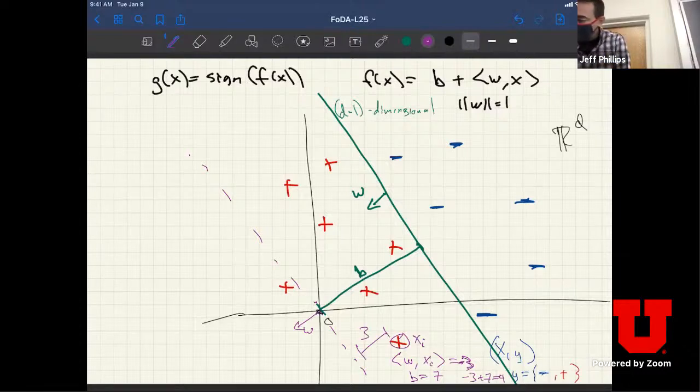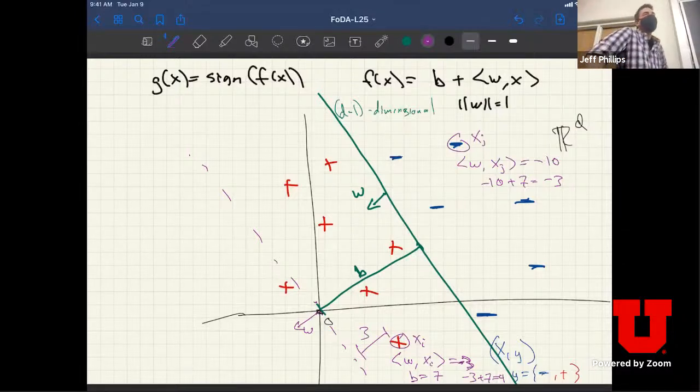But if I look at a different point up here, call this guy Xj, W dot Xj might be minus 10, and so minus 10 plus 7 is equal to minus 3, so the sign here is still negative. It's the geometry of what's going on, right? This is fairly simple, and this is how this linear model works.